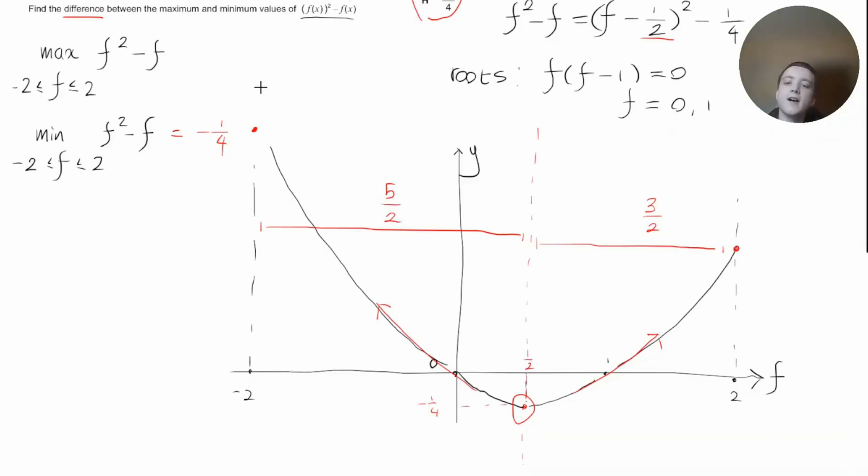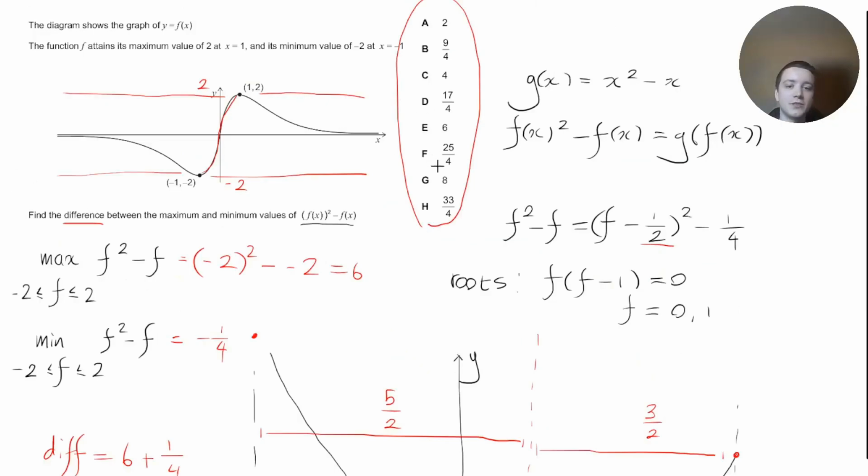So this means that our maximum is going to have the f-coordinate -2. And so it will be -2 squared minus -2, and that comes out to 6. So the difference is going to be 6 plus a quarter, and that means that our final answer is 25/4, which is option F.